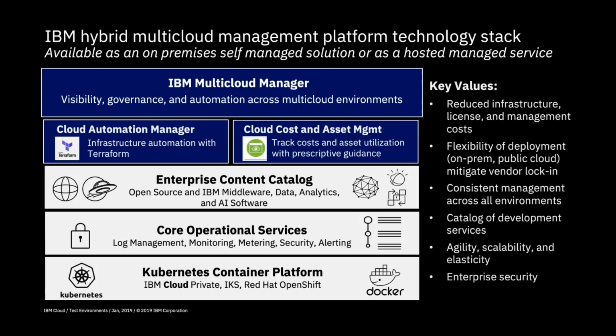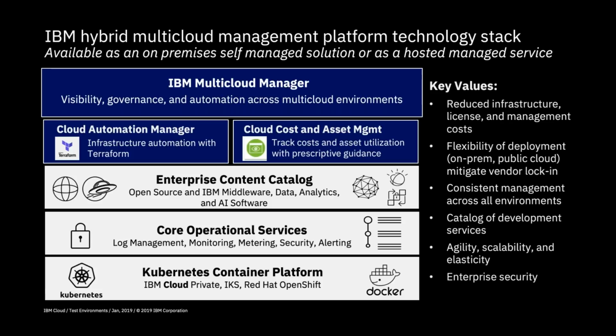We have Cloud Automation Manager. This is our tool built around Terraform, which we think very, very highly of as a modern GitOps-enabled declarative cloud configuration language that not only handles basic compute, network and storage, but also gets deeply into cloud native services and all the different cloud platforms that Terraform supports.